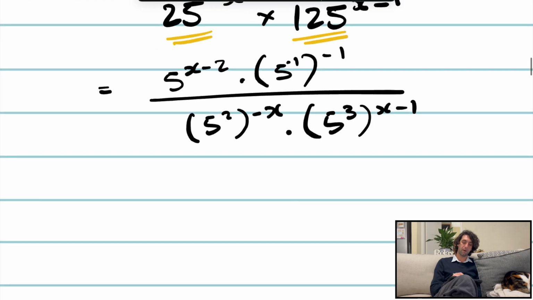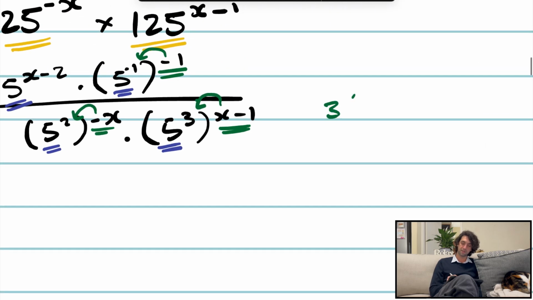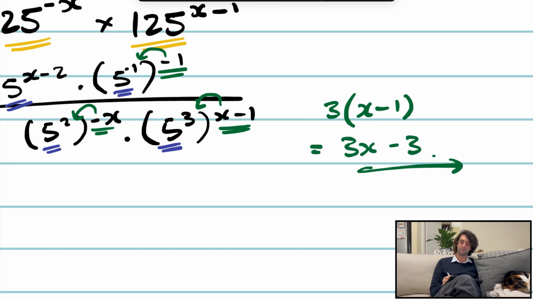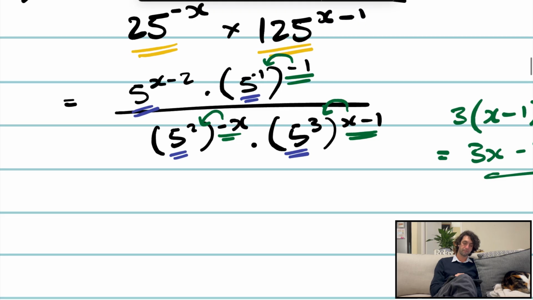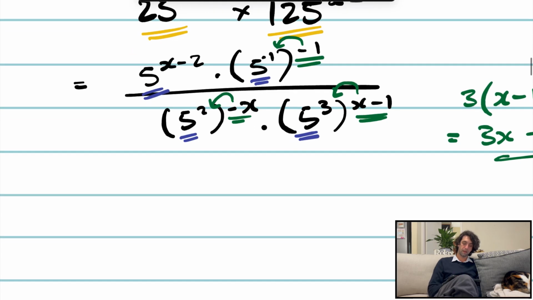Now I have everything strictly in terms of my base 5, and what I need to do next is multiply these exponents into the brackets. Be careful of this one. Remember, this one is 3 multiplied by x minus 1, and that's going to become 3x minus 3. So, let's see what we end up with.